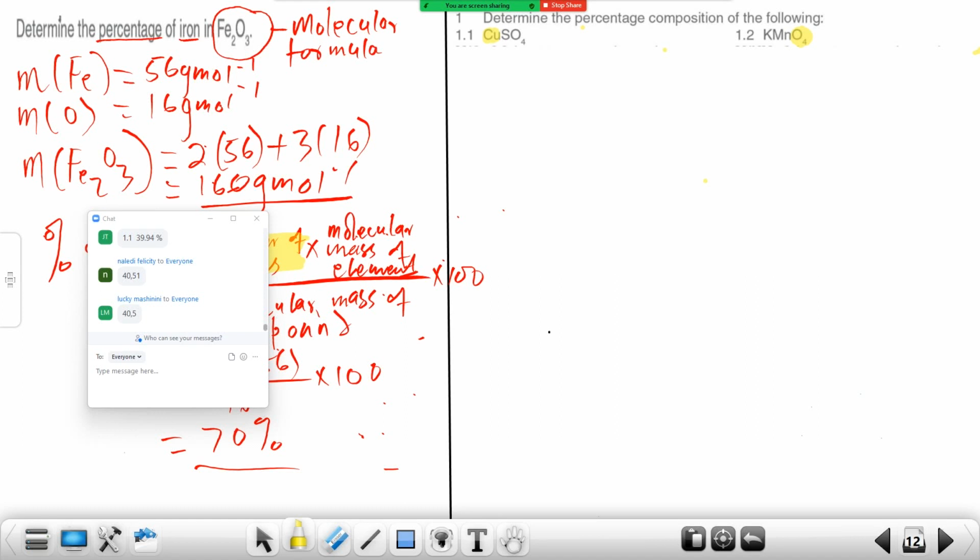We will get standard answers in an Excel because we'll be using one periodic table. So all I'm saying is don't worry if you see the decimals are not the same. Others got 39.94. It does not really matter. It's just an issue of rounding off as well as the periodic table that you are currently holding.